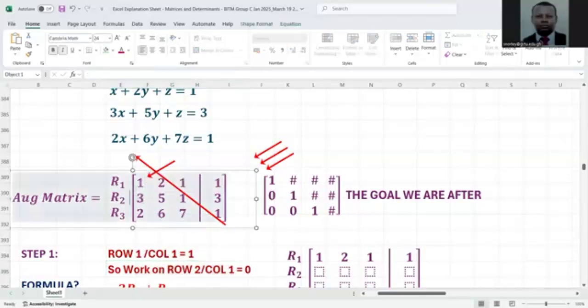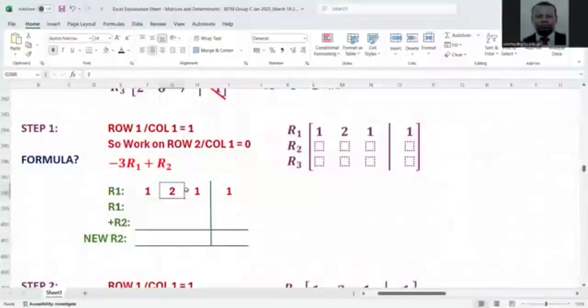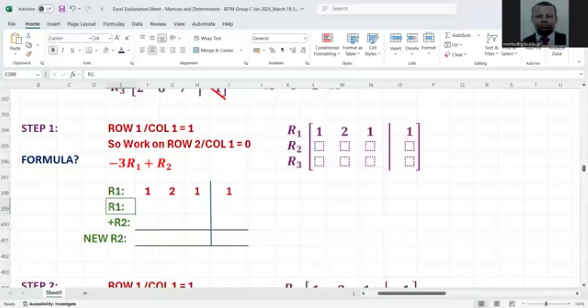What do I multiply by row 1, the first row, 1, 2, 1, so that when I add it to row 2, the 3 goes to 0? Any suggestion? -3. -3. Thank you.